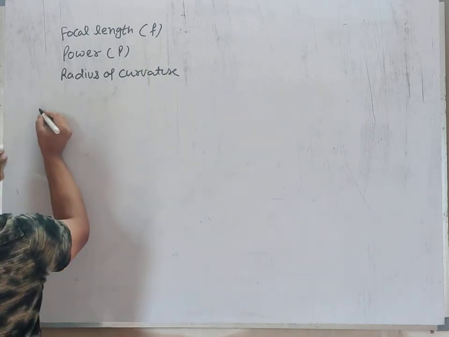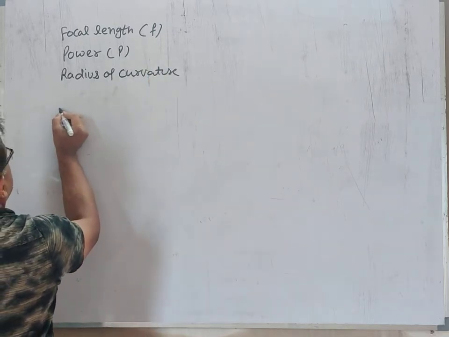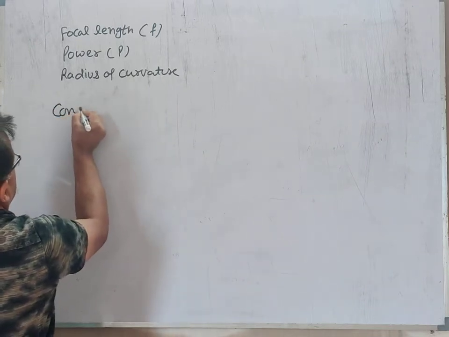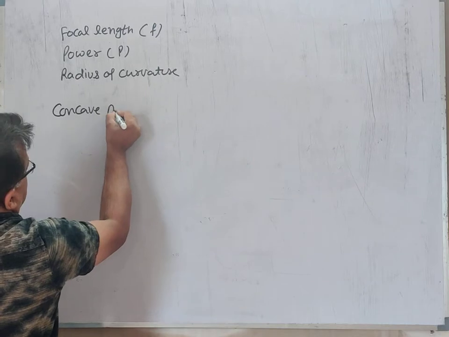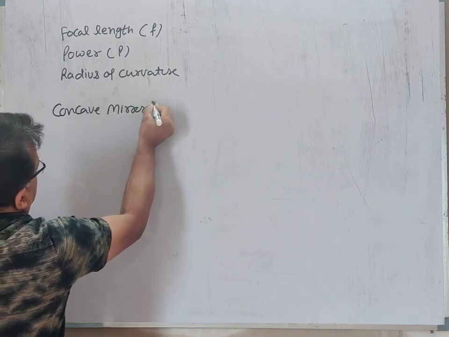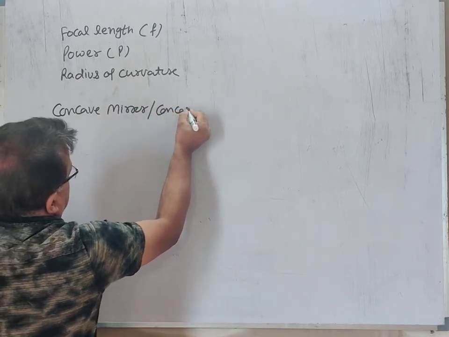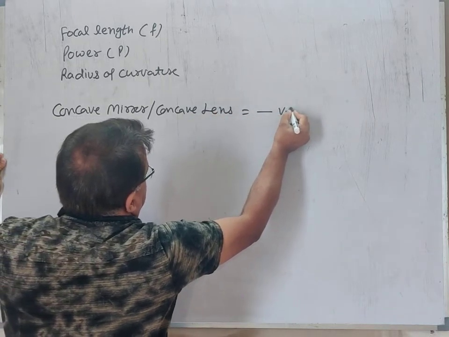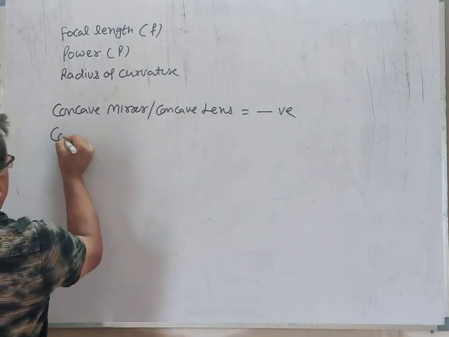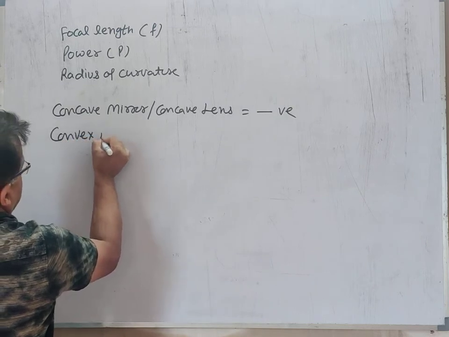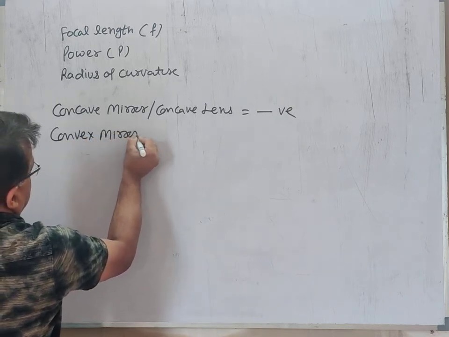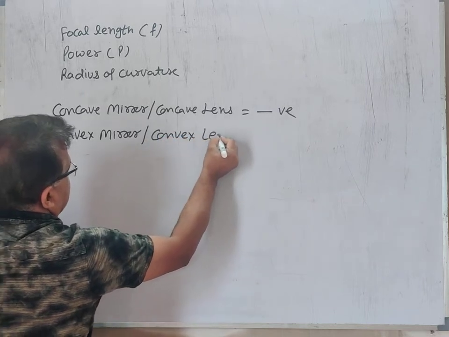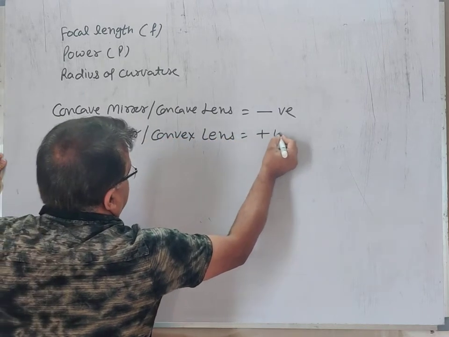All three are negative for concave. If it is concave, whether concave mirror or concave lens, all these are negative, and positive for convex, whether convex mirror or convex lens.